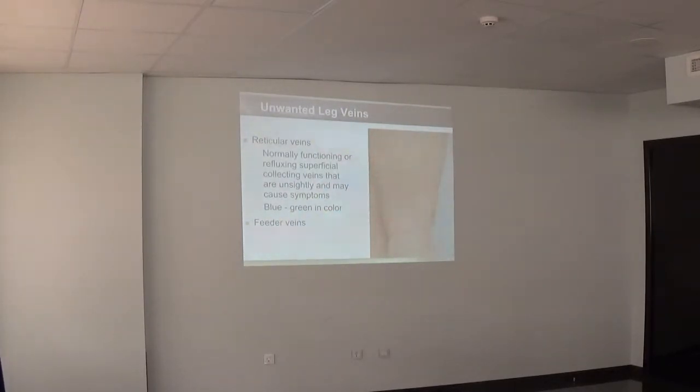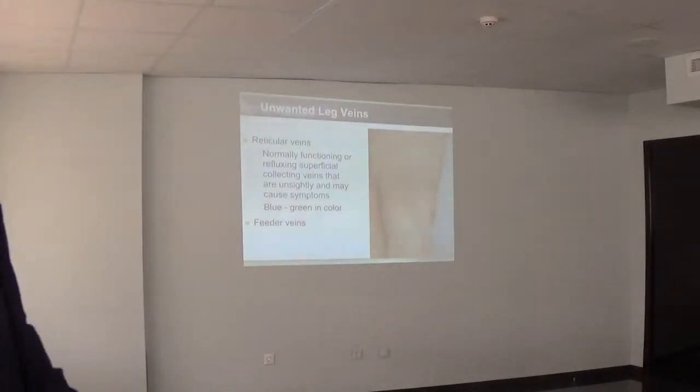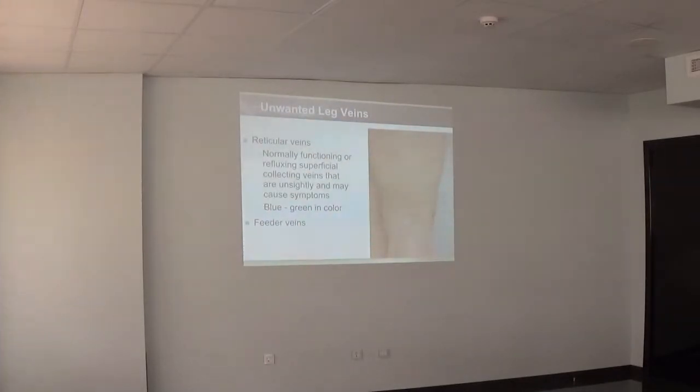So here you have this reticular vein. What I just want to add: when I treat a reticular vein, I never do one shot after the other. I leave a little bit of space between the two shots. You remember I did a shot and a little bit farther away I did the second one. My technique is a little bit different when I treat reticular veins or periorbital veins.